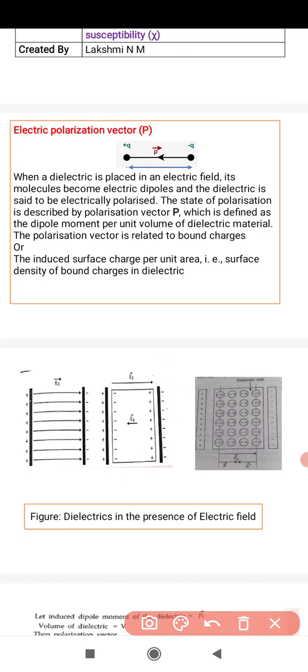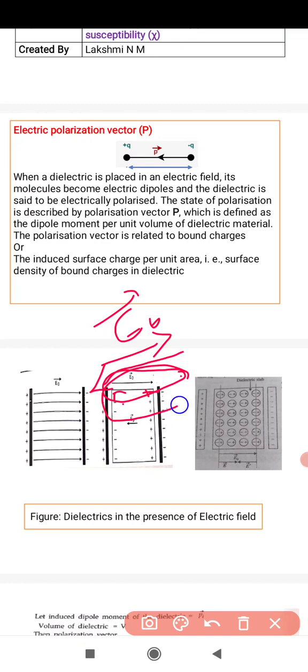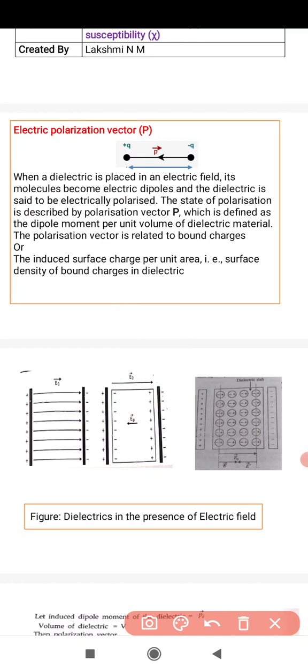Dipoles being formed means the positive charges of the atoms move in the direction of the electric field, and negative charges are pulled in the direction opposite to the electric field. The distance between the positive and negative charges forms a dipole.